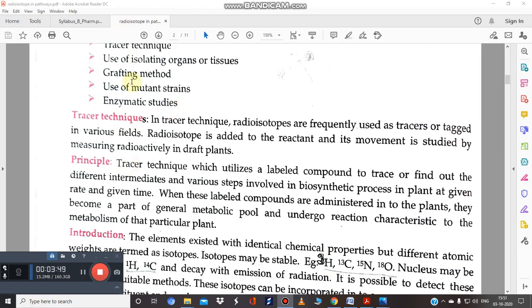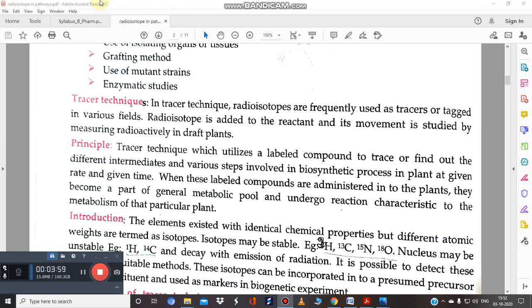As we have covered, we use different types of radioisotopes as tracers for monitoring the biosynthetic pathways. The basic principle involved in this technique is that it utilizes a labeled compound, or radioactive compound, to trace or find out the different intermediates and various steps involved in the biosynthetic process in a plant at a given rate and a given time.